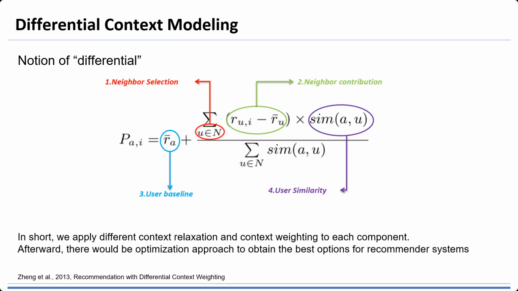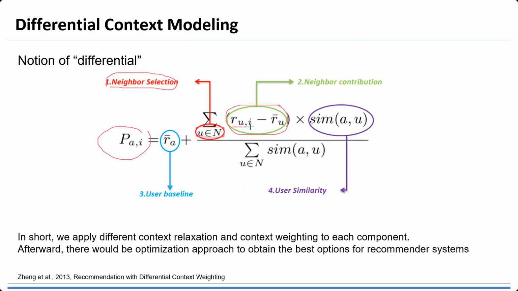This is just a kind of review from the previous Pearson correlation. We know that when we want to do the prediction, we need to do the neighbor selection. The neighbor selection means the users among the n users. And we want to look at the neighbor contribution.